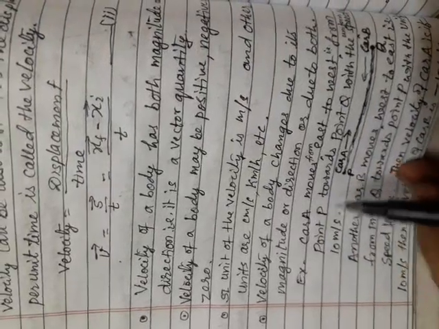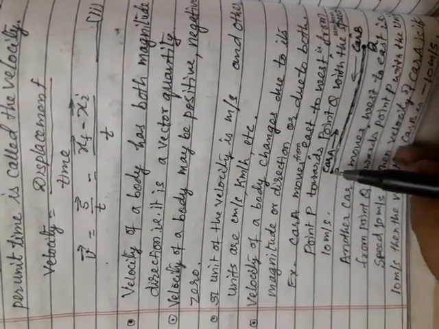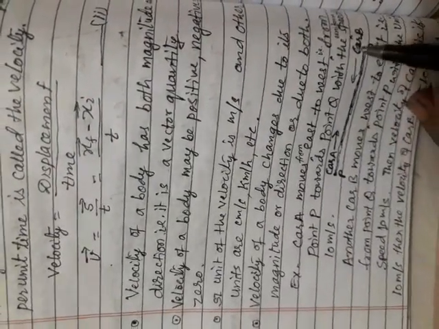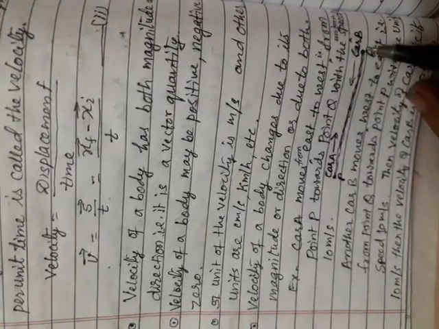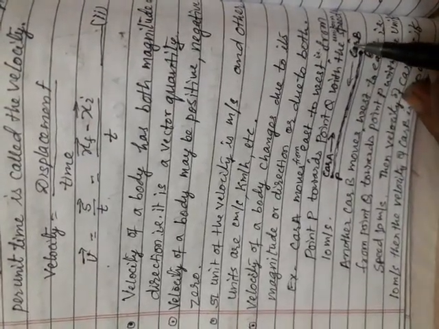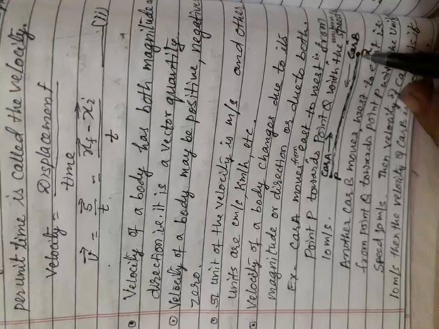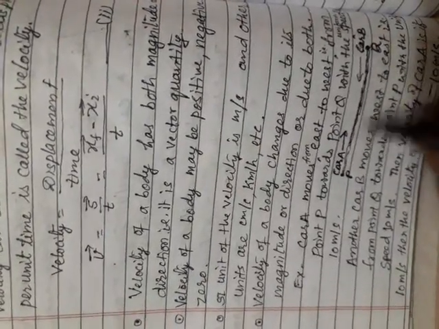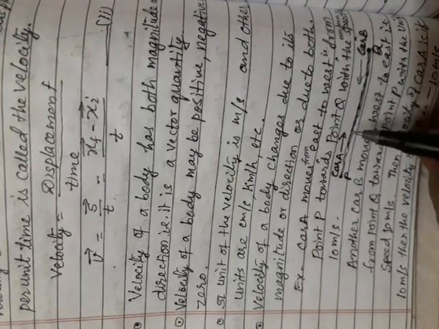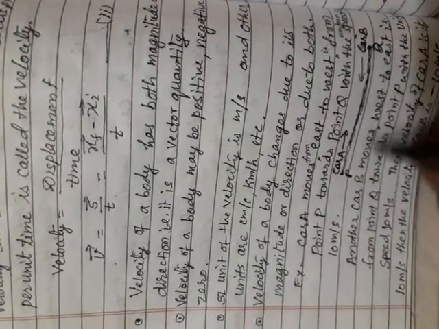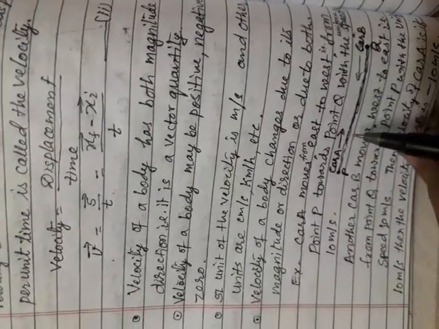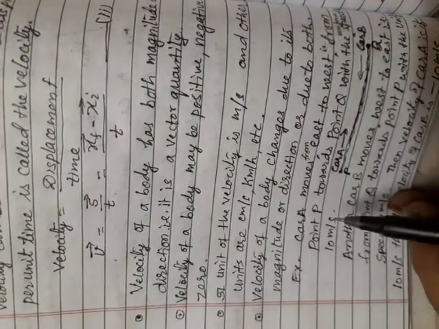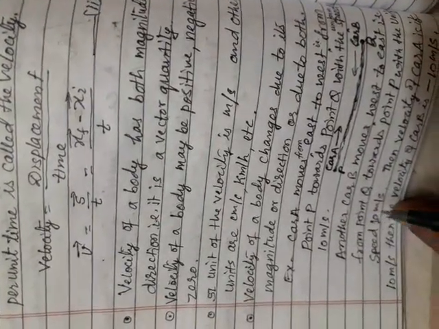Suppose a car A travels from P towards Q, and at the same time another car B travels from Q towards P. So their direction of motion is just opposite to each other, right? Let their speed be the same, that is 10 meter per second. Then what is our conclusion about the velocity?